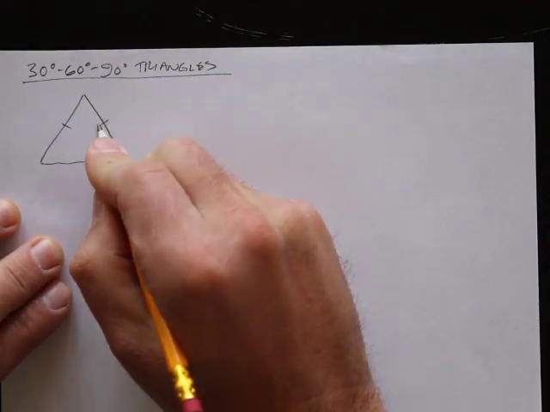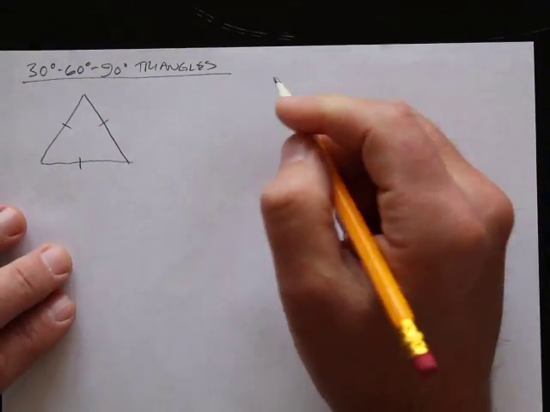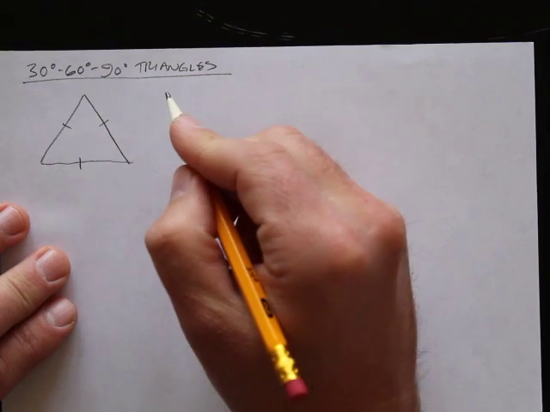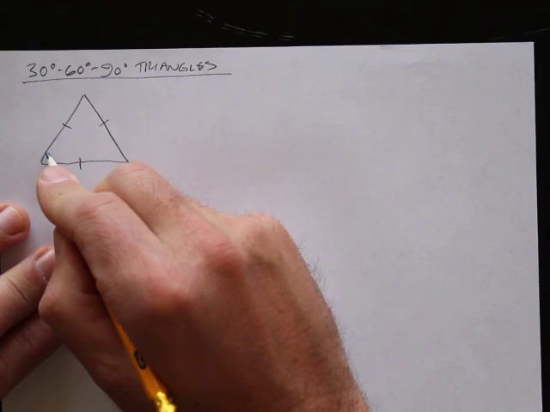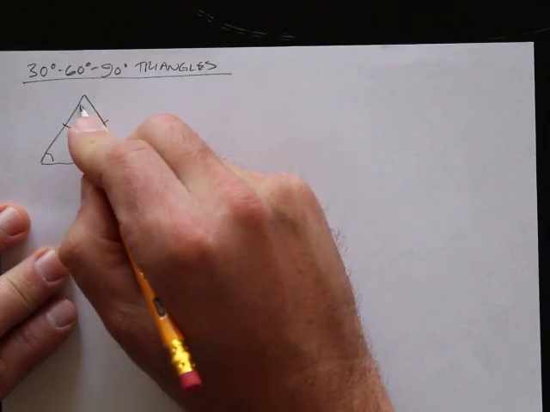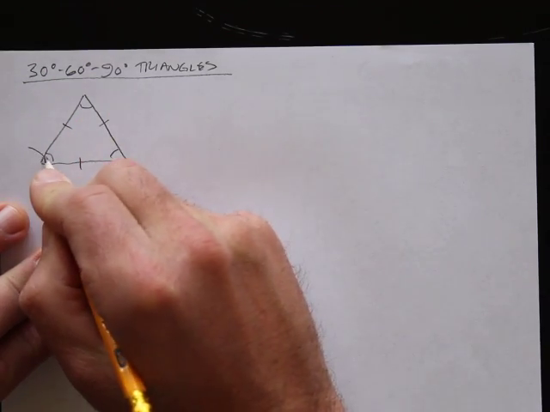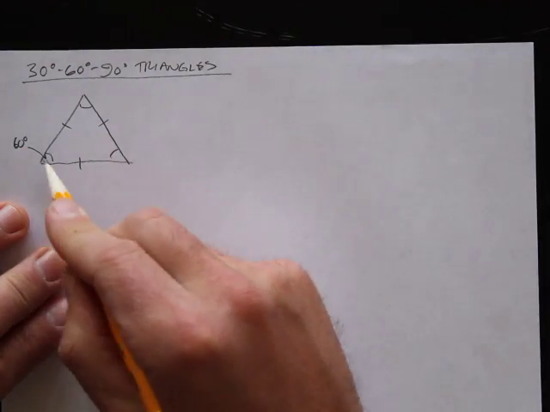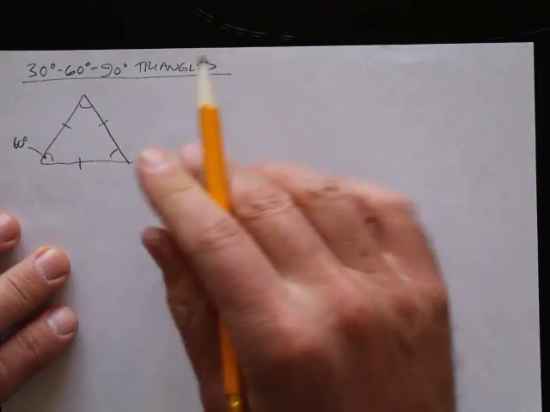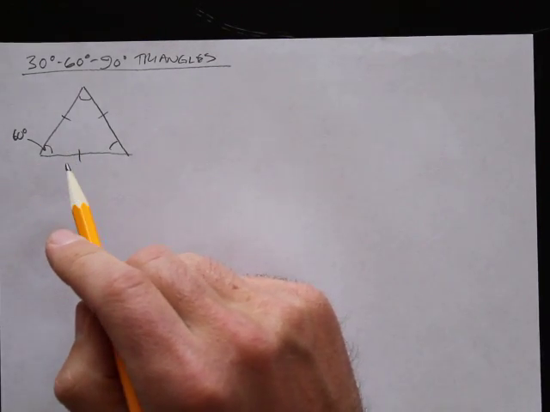First we're going to draw an equilateral triangle. So now remember, in an equilateral triangle, all of the sides are equal and all of the angles are equal, and each angle is 60 degrees. 60 plus 60 plus 60 is 180. They're all the same. They add up to 180, so 60 each.